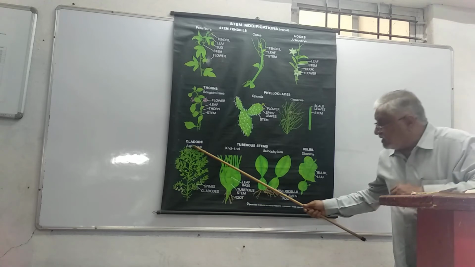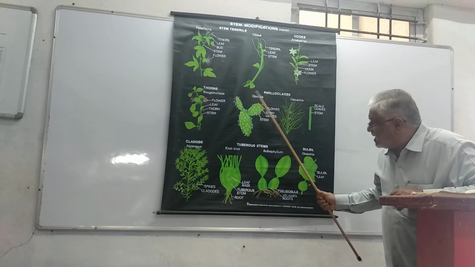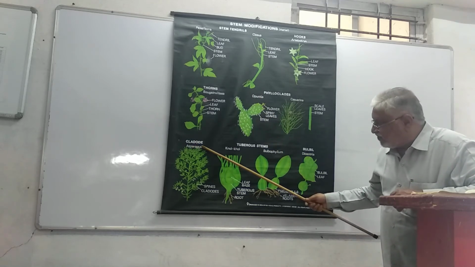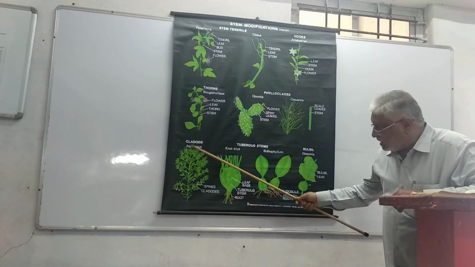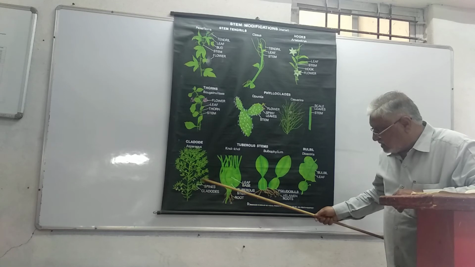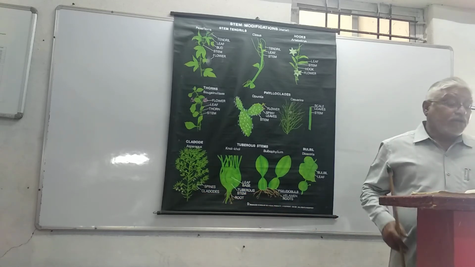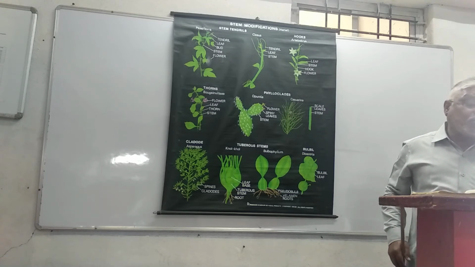Another modification is the cladode. Many phylloclades come together and form a cladode. An example is asparagus. These are the spines and these are the cladodes. So these are phylloclades made up of only one or two internodes.